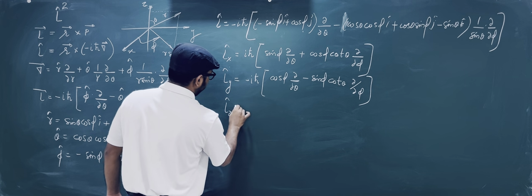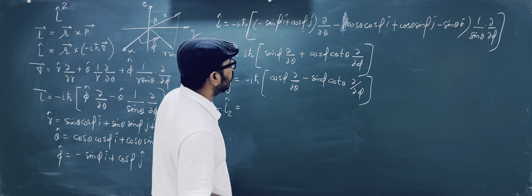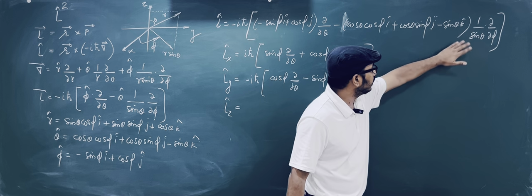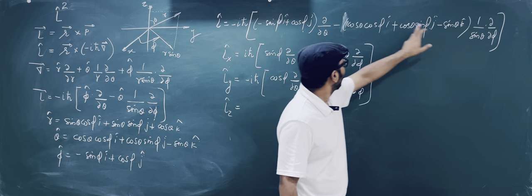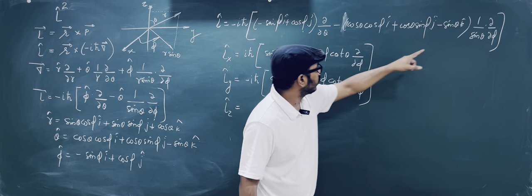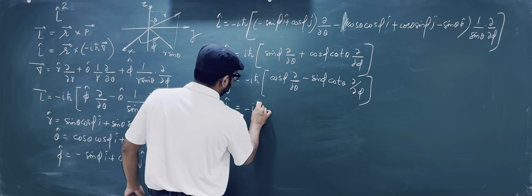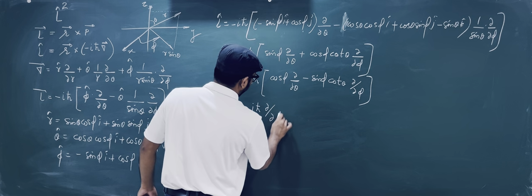Similarly, we can write the z term. There is no i or j term, only k, which is minus sin theta; the sin theta cancels out, minus minus is plus, so simply ∂/∂phi remains, and it is minus i h-bar ∂/∂phi.